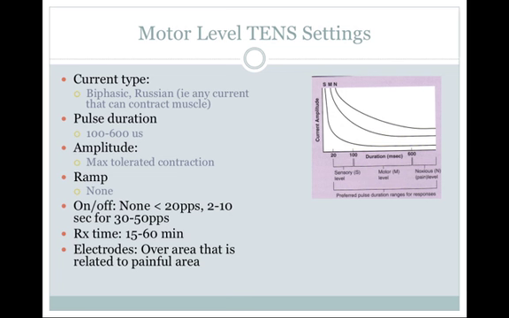Then we're going to set it to run for 15 to 60 minutes, at less than 20 pulses per second. Most of the time you're going to see a lot less, more in the 10 per second range for frequency.